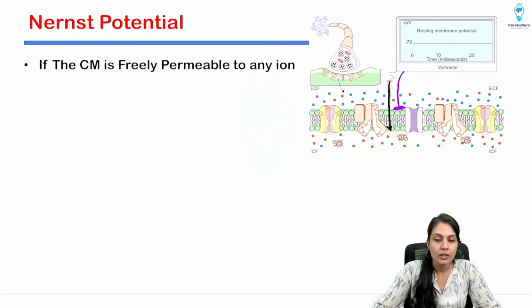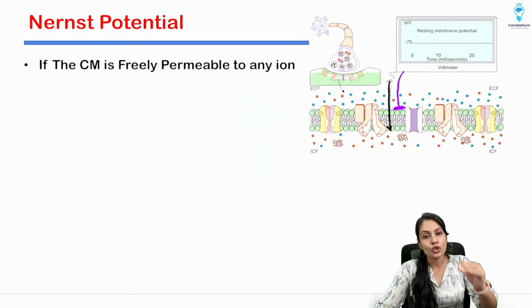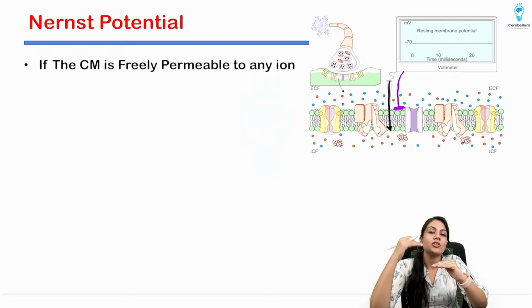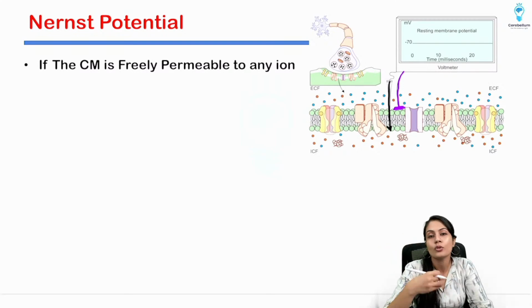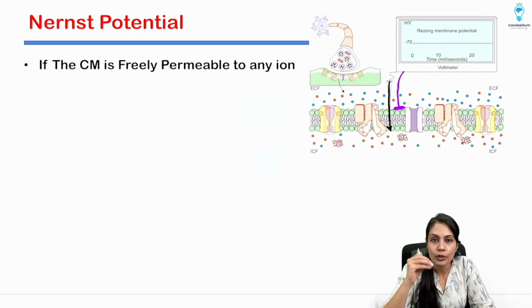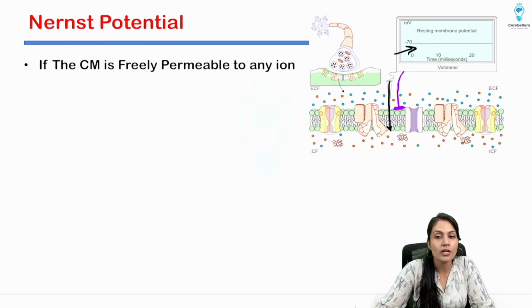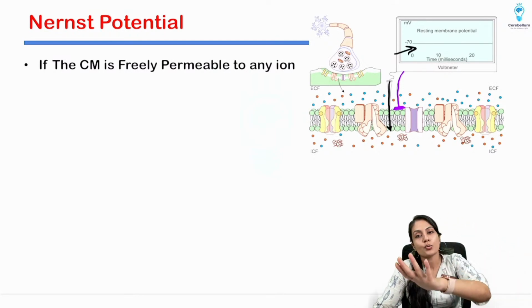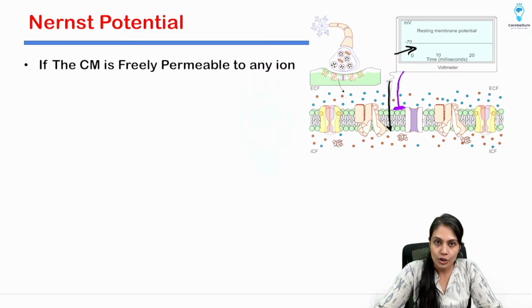Just inside the cell membrane and just outside of the cell membrane, we are going to measure two potentials, and whatever the difference is, that is represented in the voltmeter attached to these two electrodes. Whatever changes are there, they are shown in the voltmeter, and that's how we measure the potential difference.